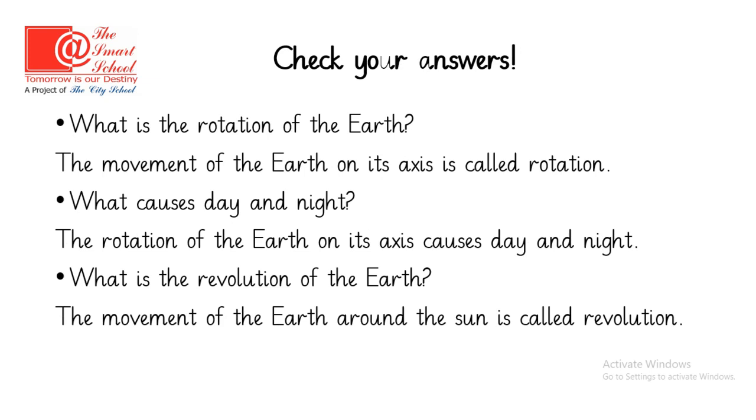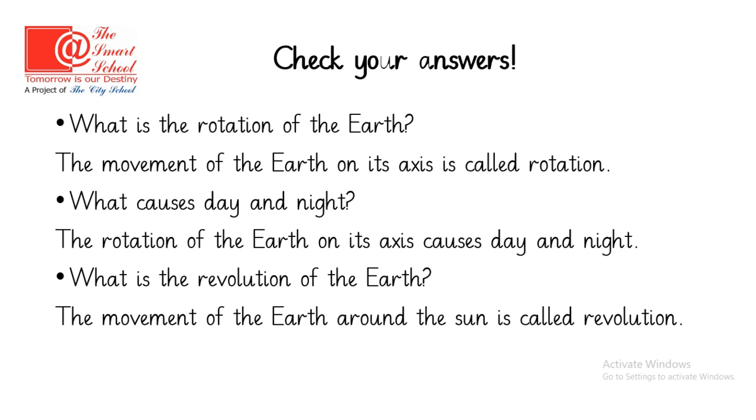Now check your answers. What is the rotation of the earth? The movement of the earth on its axis is called rotation. What causes day and night? The rotation of the earth on its axis causes day and night. What is the revolution of the earth?